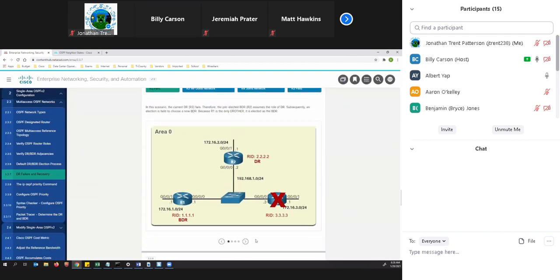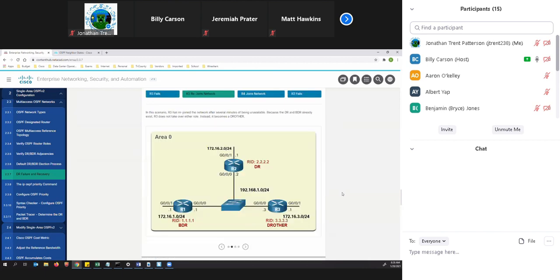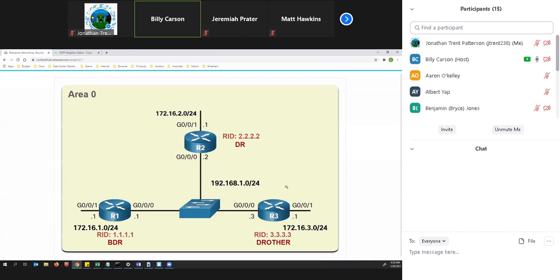Yes, sir. Okay, so let's look at this. Now router 3 comes back up online. Well, when 3 comes back online, we've already done this election. Router 2 was the designated router, and number 1 was the backup.